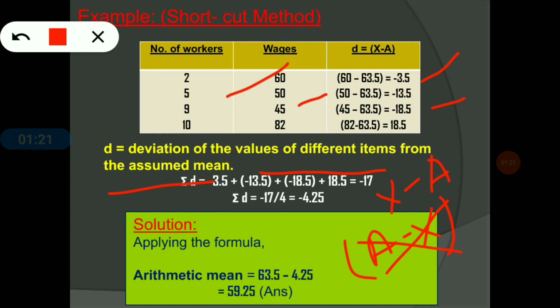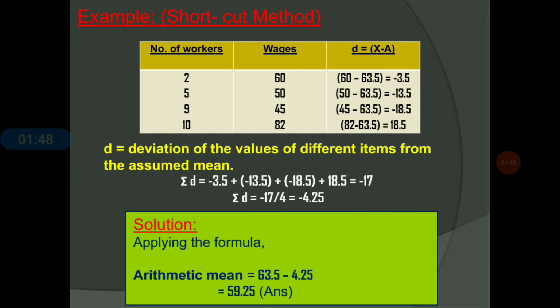and so on. For the formula we have to calculate summation d and summation d by n, where n equals 4, because 1, 2, 3 and 4. We all know that summation d means the sum of all values of d. That equals minus 17, and summation d by n equals minus 4.25.